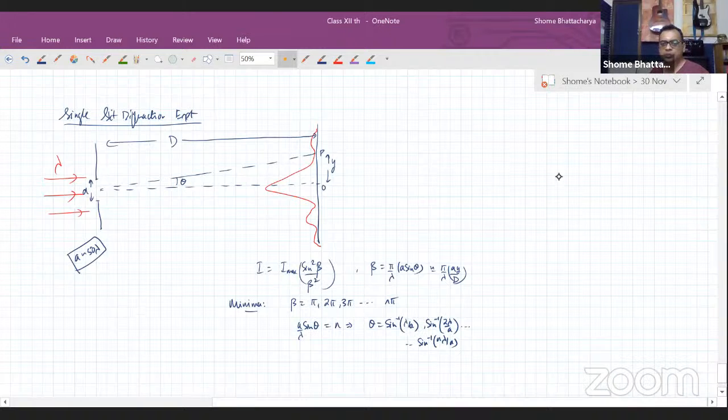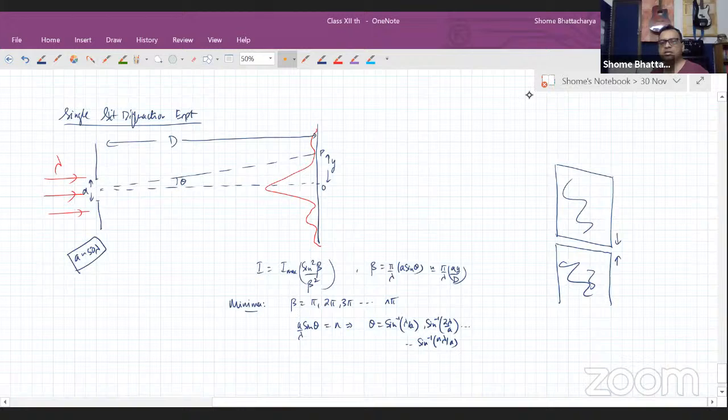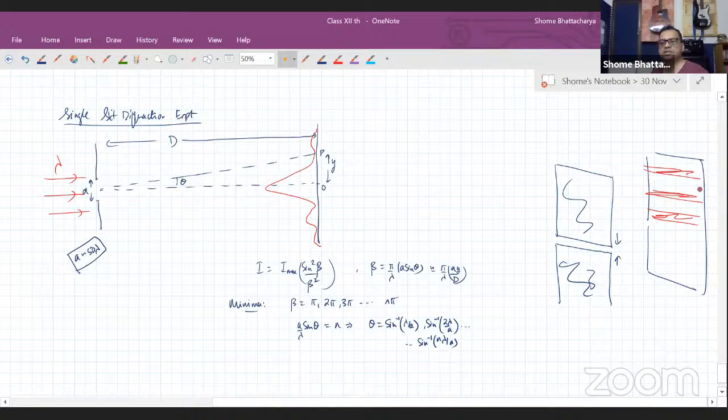Now in this, you understand that three-dimensionally, on the wall you have a slit like this. This is the slit. And therefore on the screen in front, what you're seeing is alternate bands of bright and dark light: bright fringe, dark fringe, bright fringe.